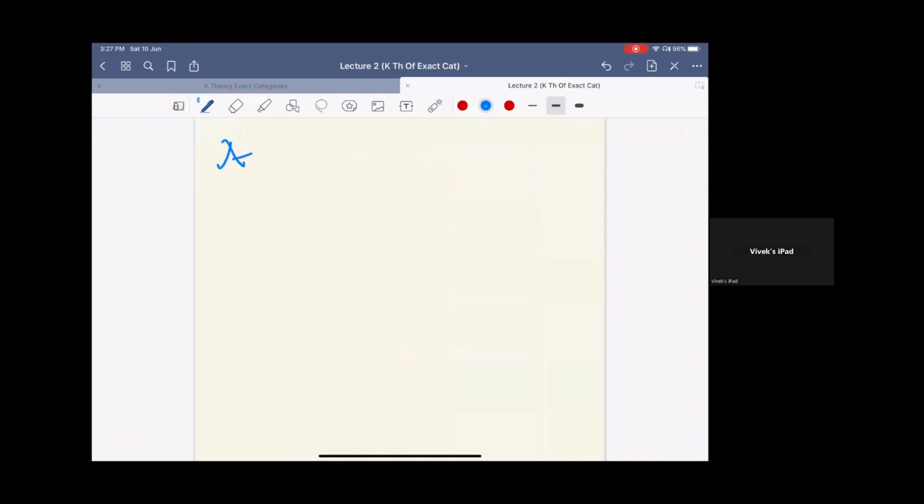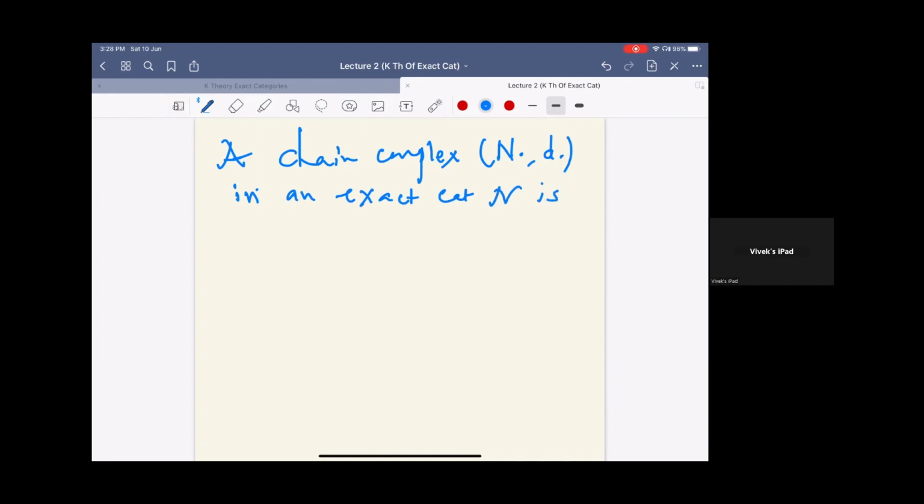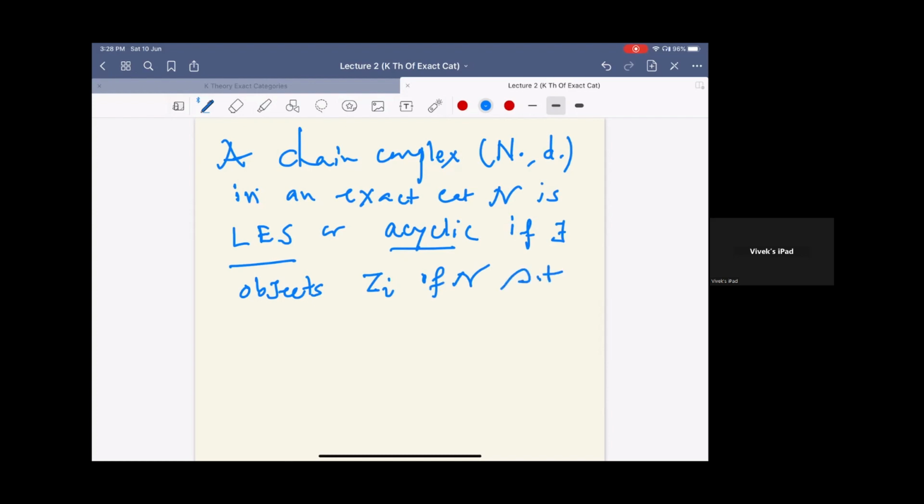A chain complex in an exact category N is long exact, or acyclic, if there exist objects Z_i of N such that the differential factors through Z_i via short exact sequences in the following way.